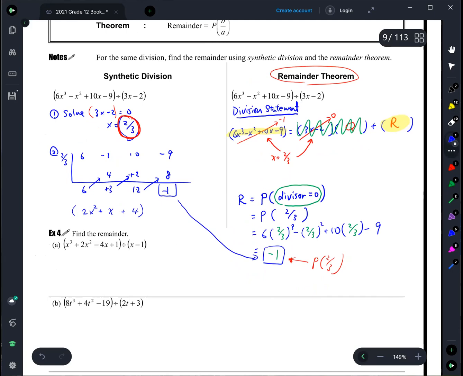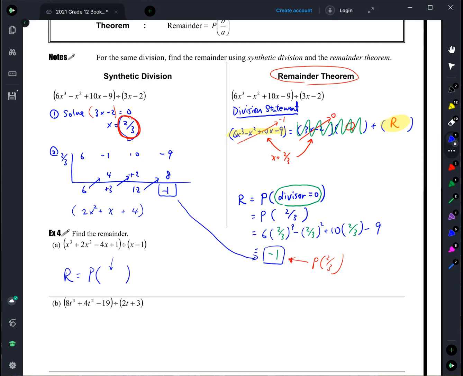So for example, question 4a, I want to find remainder. It will be P of what number do we sub in this time? Angela? For 4a, if I want to find remainder, what number do we put inside the dividend? 1.